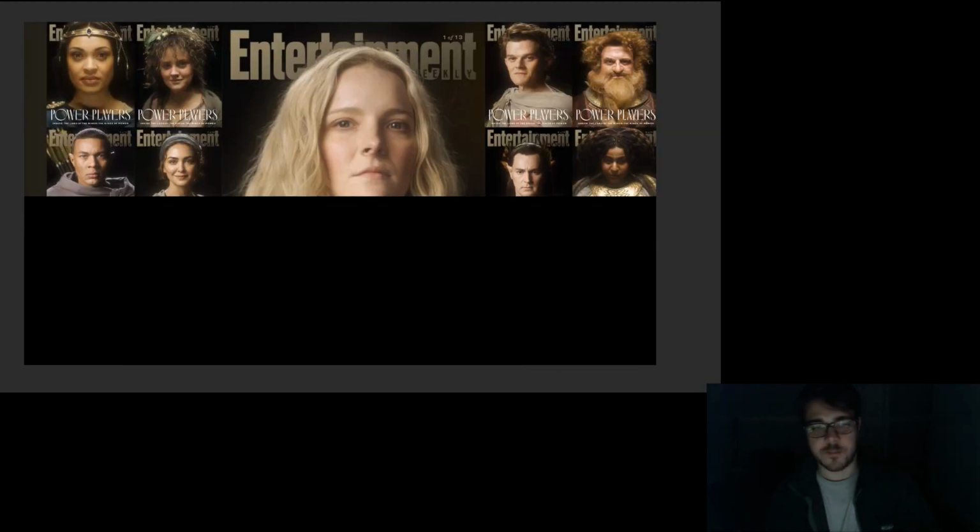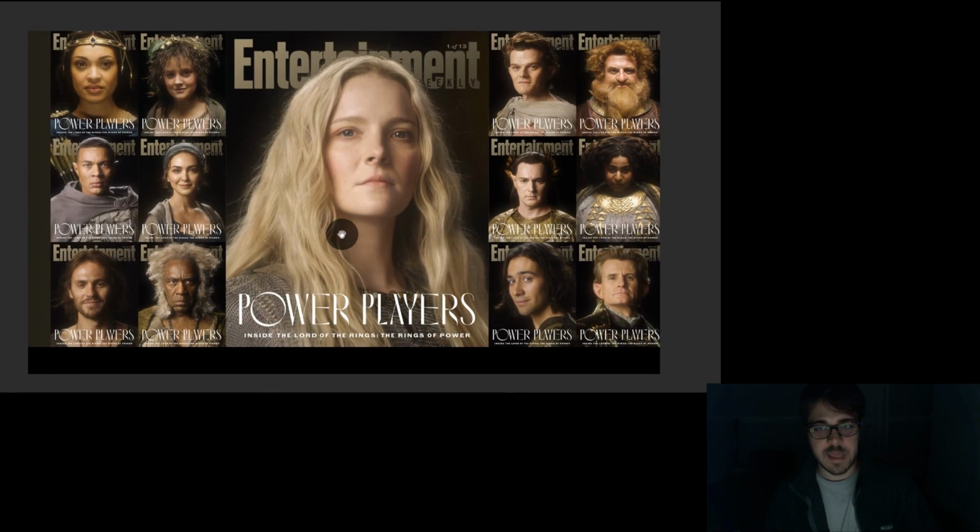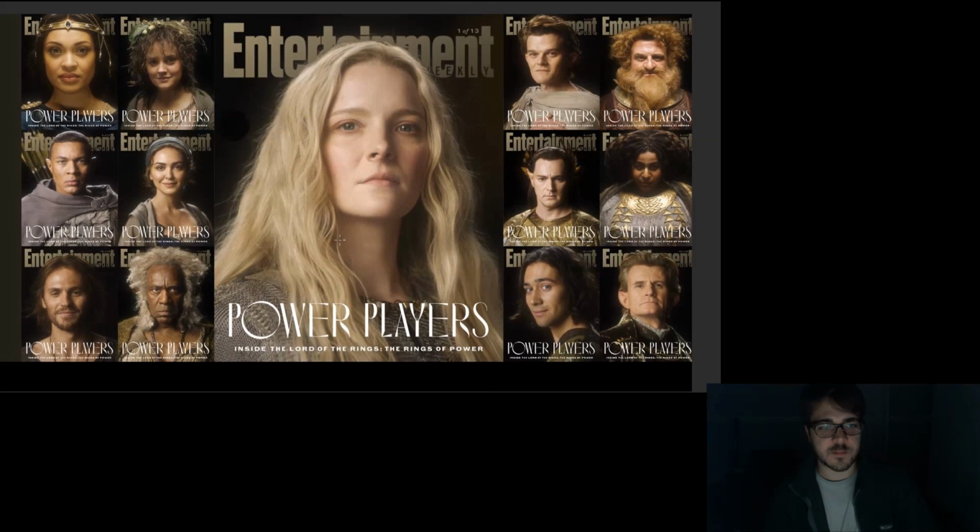And I'm going to bring up some of the cast, just whatever magazine covers they did. Most of them have pretty neutral facial expressions, which is probably not good for a movie or a TV show, especially in the fantasy world where you want them to be immersed and enamored or enthralled into their world.